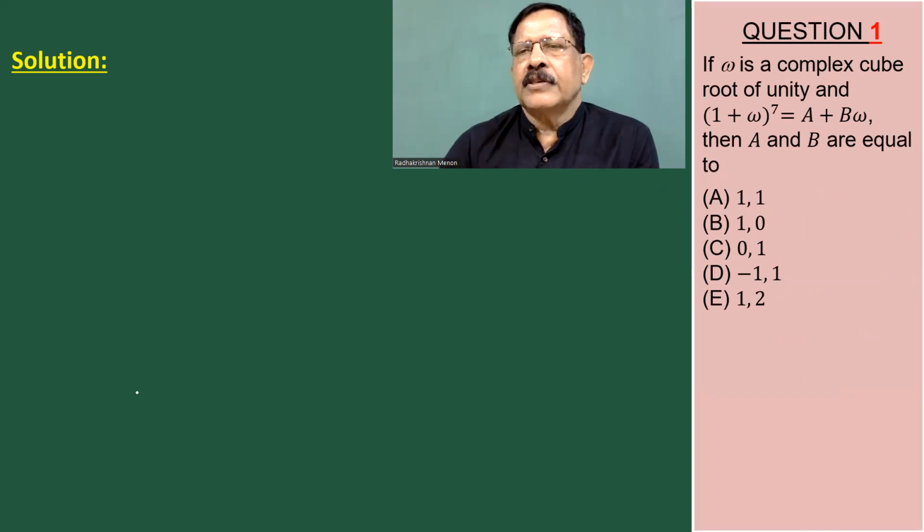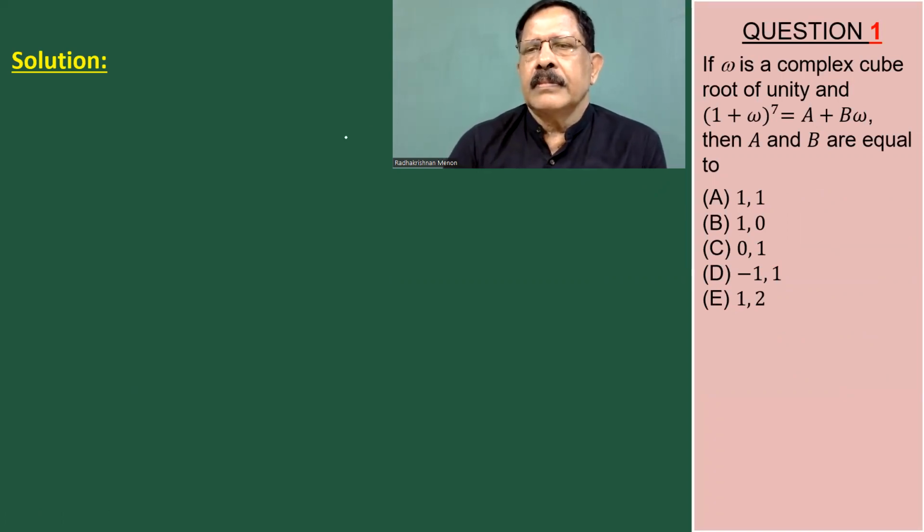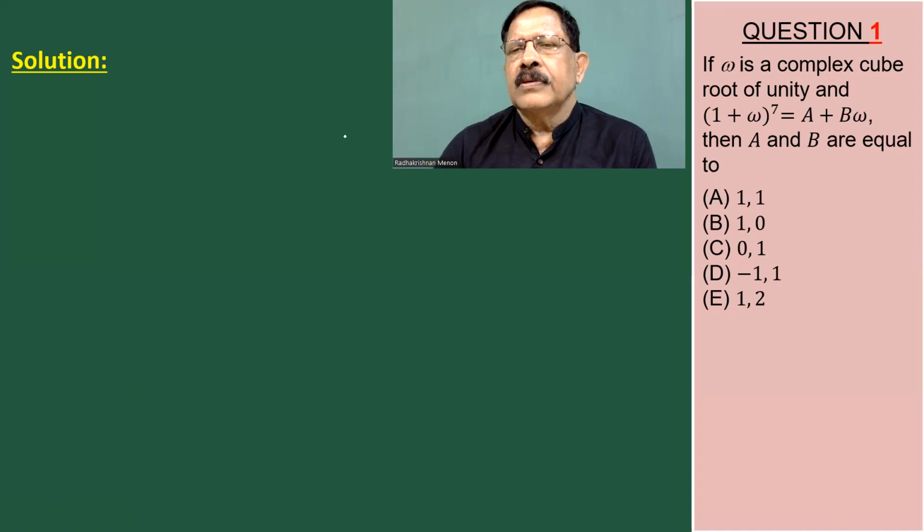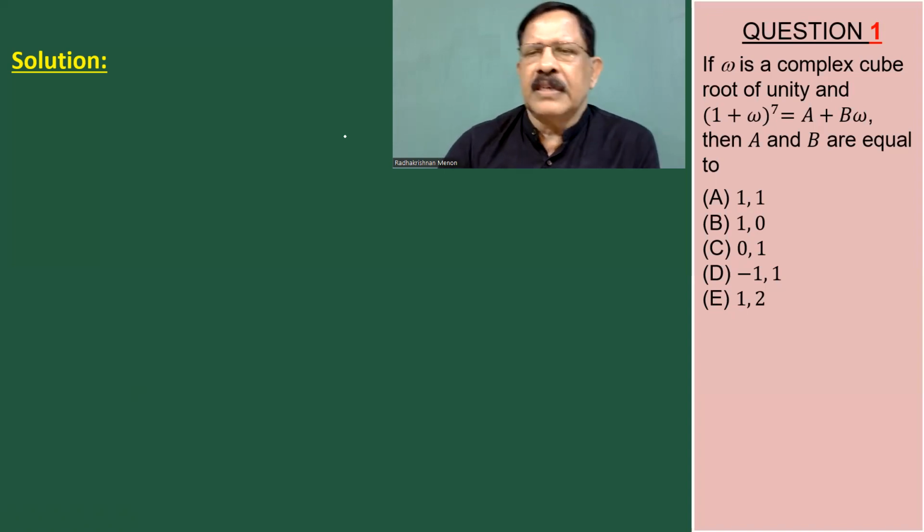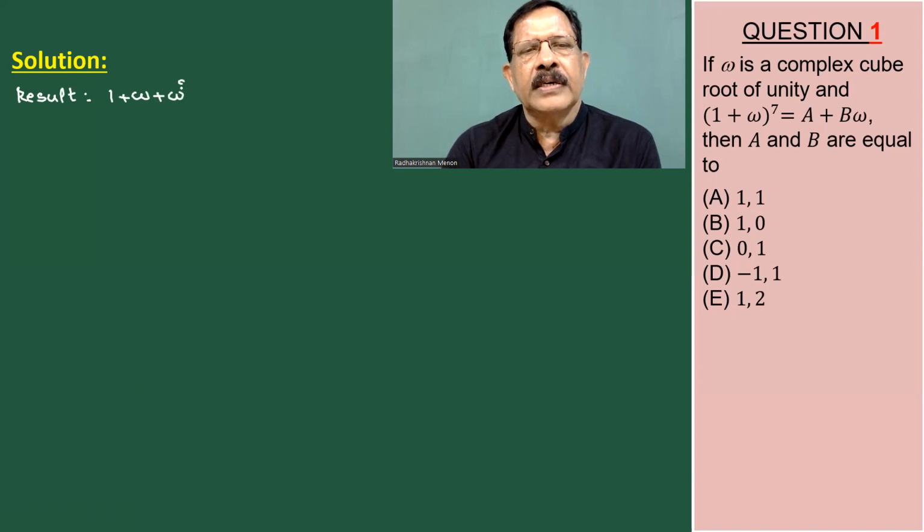Omega is a complex cube root of unity. Then (1 plus omega) whole raised to 7 is equal to a plus b omega. So we know the result: if omega is a complex cube root of unity, then 1 plus omega plus omega squared is equal to 0.